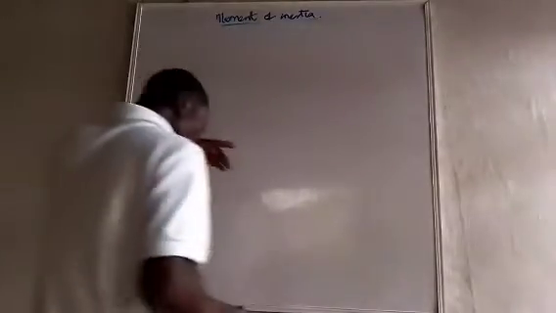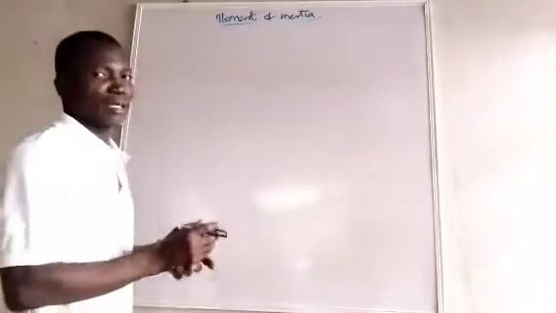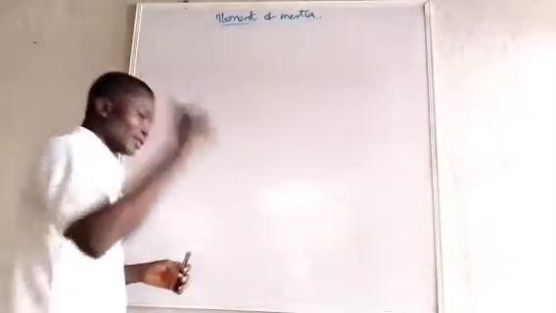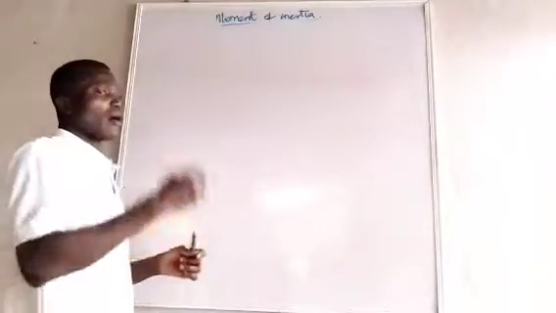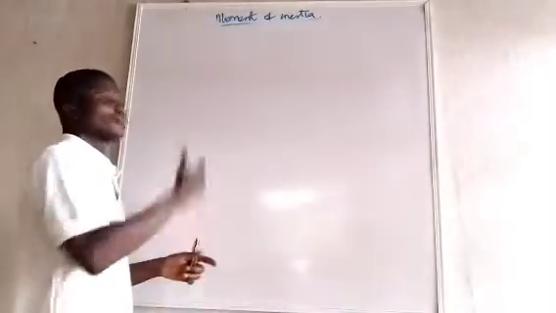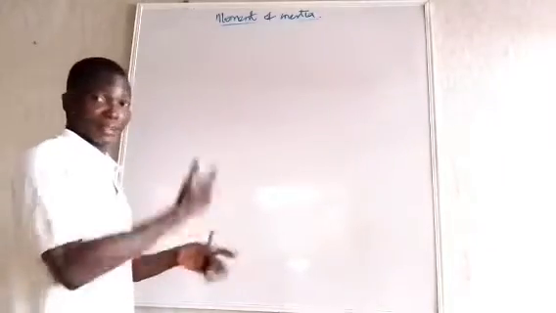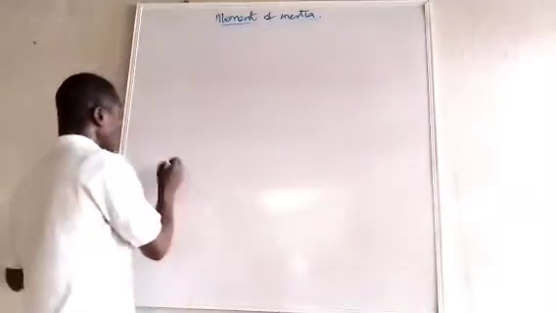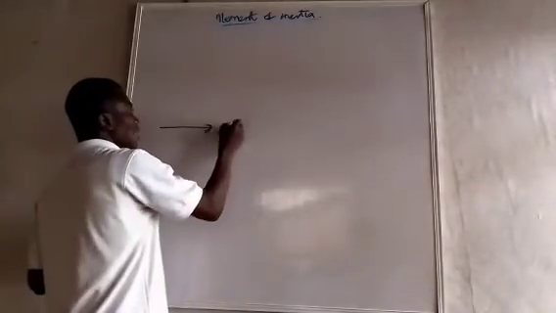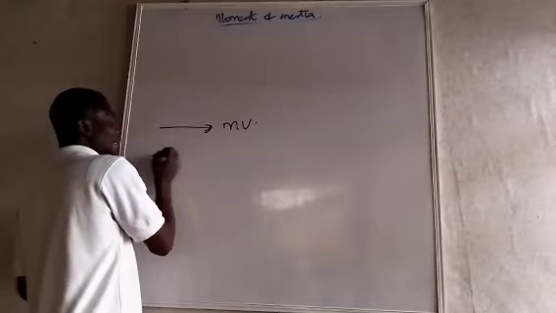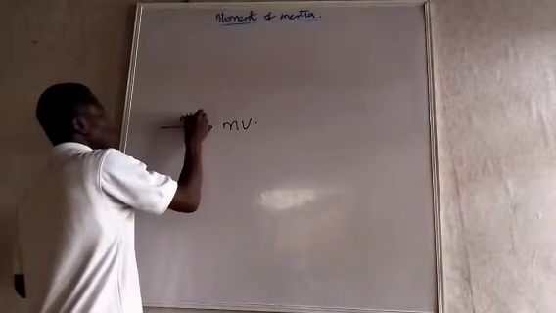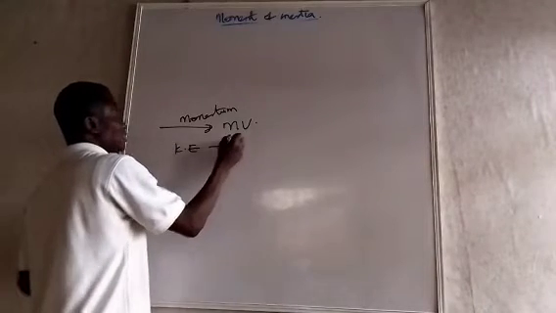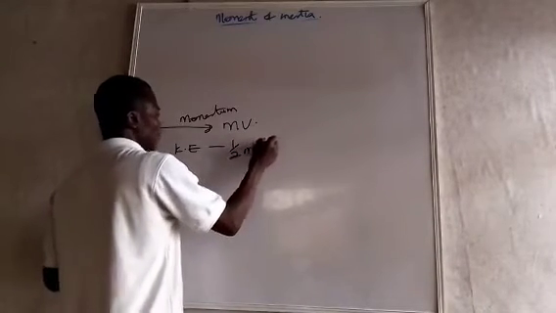Now, before we go on, I want you to know something about moment of inertia. When you know the moment of inertia, it means that you can calculate the angular momentum or rotational kinetic energy. When it is in a straight line, momentum is mv, and kinetic energy is half mv squared.